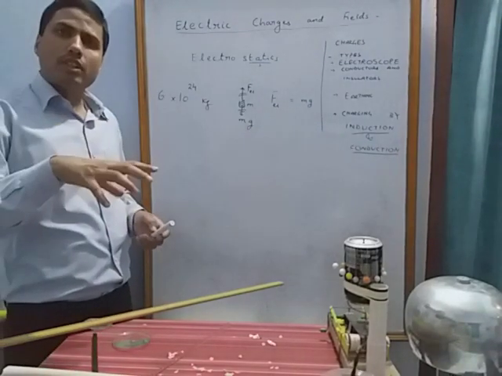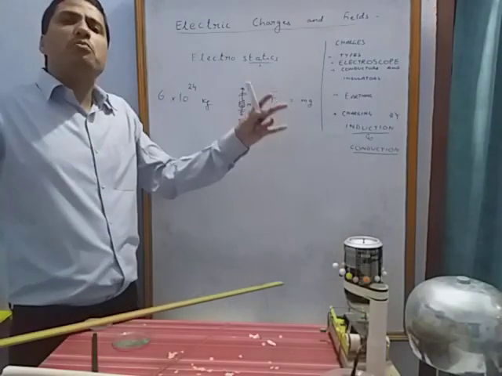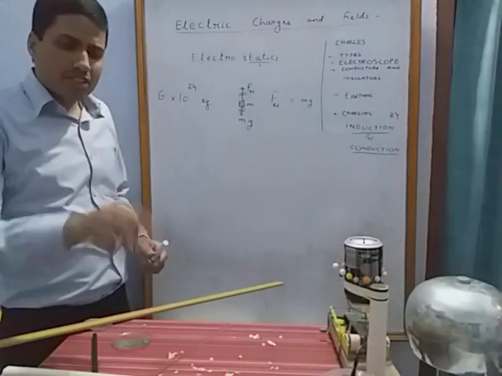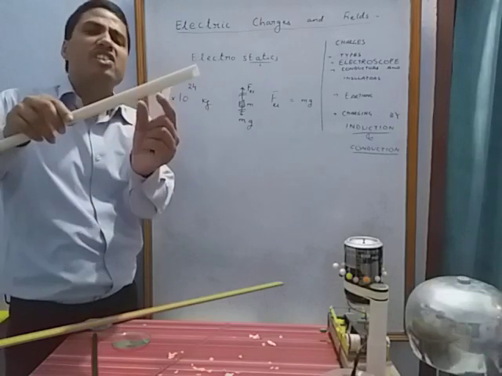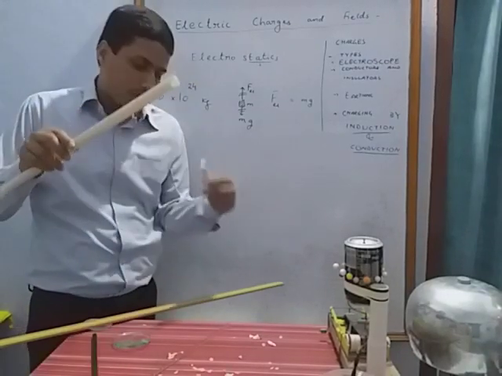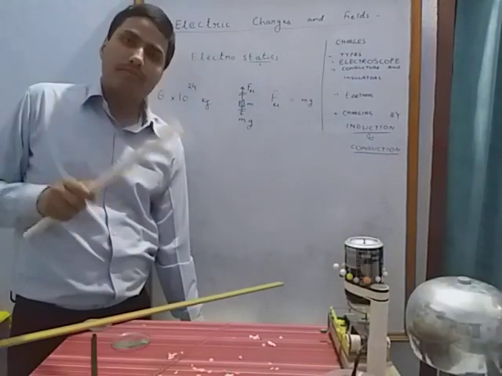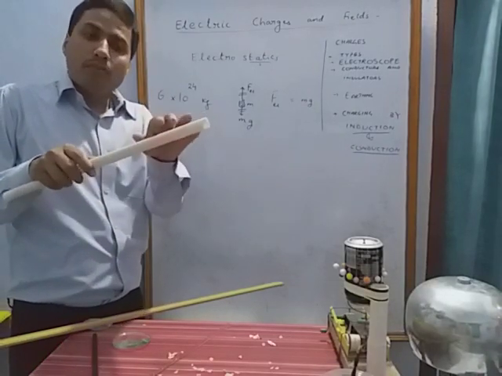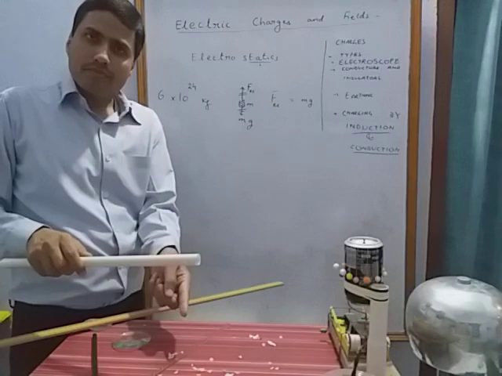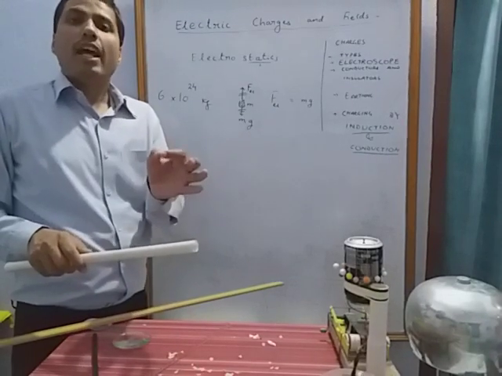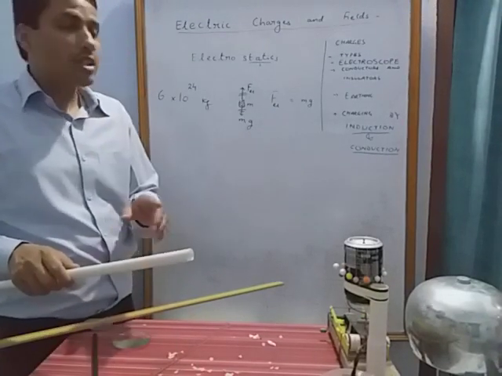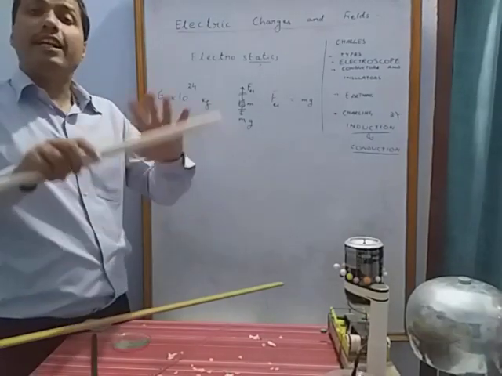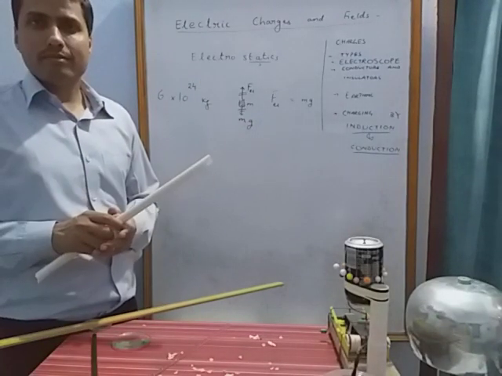That much force exerted by the entire enormous mass of the Earth is balanced just by a small segment of this PVC pipe. How? Just by rubbing it. That means the force exerted by this PVC pipe on this paper bit is equal and opposite to the force exerted on this paper bit by the entire Earth.